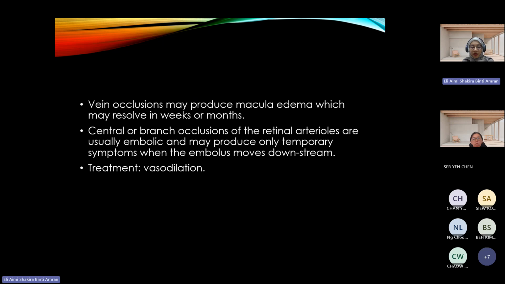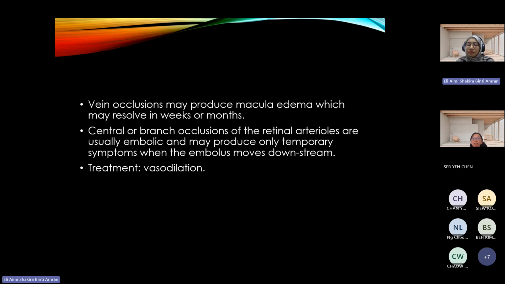If it needs treatment, then you have to refer for vasodilations. Do you know what kind of treatment can dilate the vein or the artery? The current ophthal treatment that can dilate the vein or the artery. Don't know.